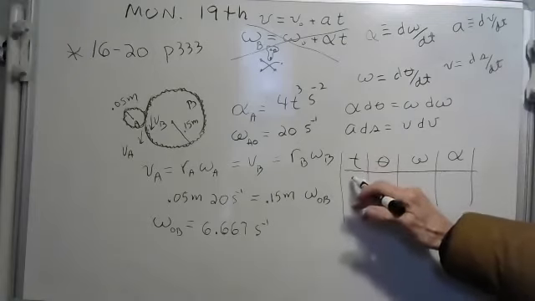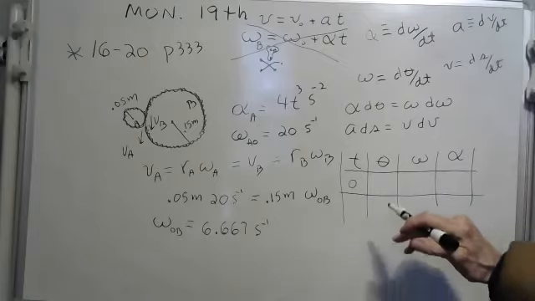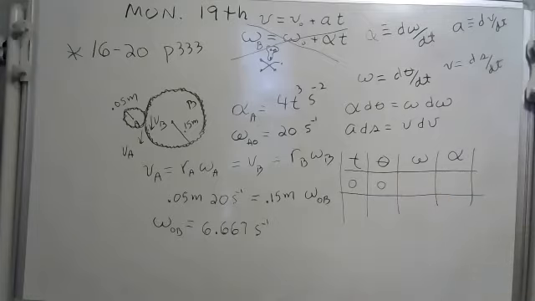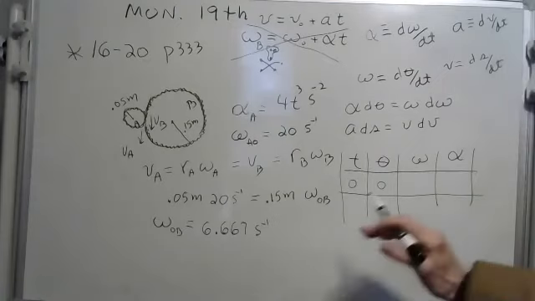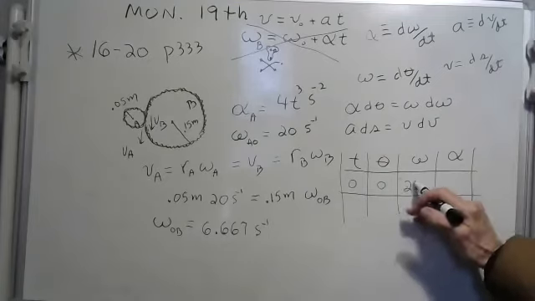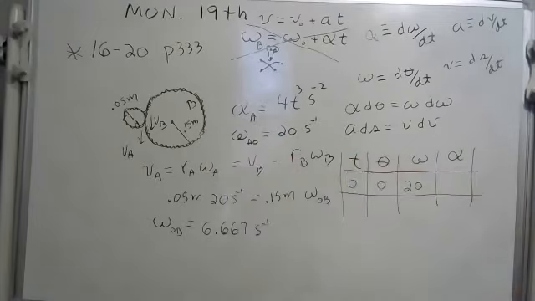And the thing is that at time zero, they give you, we'll assume that the wheel is at a zero angle, but it's got an angular velocity of 20. They said it did. But now wait a minute, that's A. Okay, is that right?